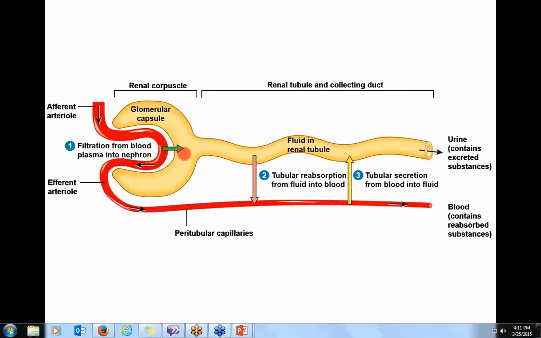What this is showing you is which way fluids are flowing. In glomerular filtration, fluids are flowing from the blood into the nephron. In tubular reabsorption, fluids are flowing from the tubule into the blood. And in tubular secretion, things are flowing from the blood into the nephron.